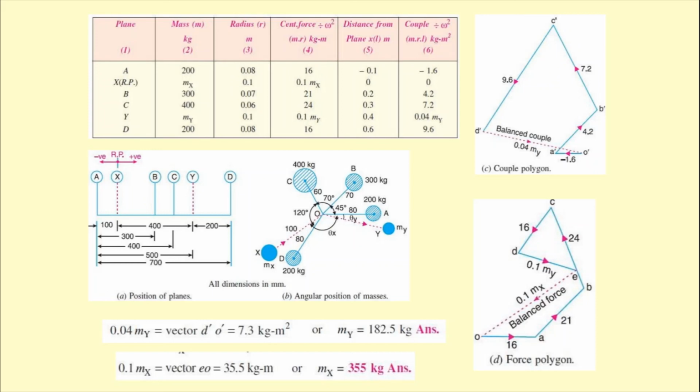So likewise, multiplying with the scaling factor, we can find the value of the unknown my. Accordingly, the my value is 182.5 kg, and we can also get mx by putting this value of my into the fourth column. Only one unknown, that is mx, will remain over there, and just like that, if we draw the force polygon, we can find the value of mx, and that is 355 kg.